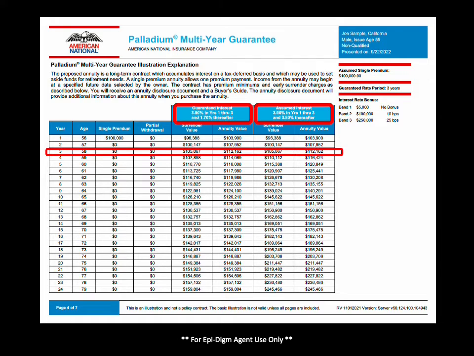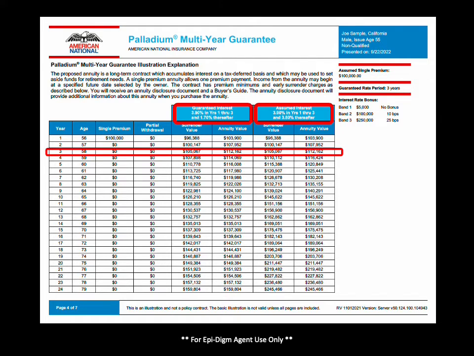Current assumption is $112,162. So same. What about year 4? You've got $114,069 guaranteed with a 3.9% current assumption. Once again, the assumption is not a guarantee. It is the interest rate they're paying now, which is $116,424.